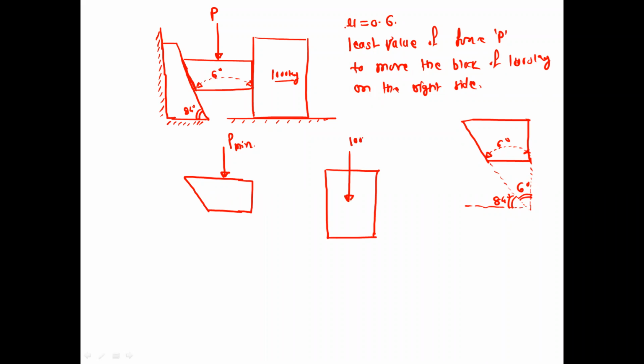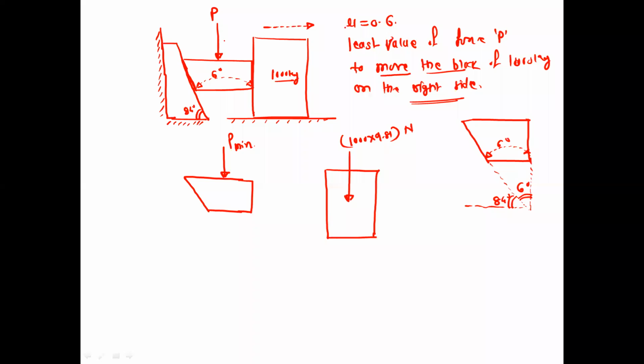So weight will be 1000 into 9.81 Newton. So what is the direction of the impending motion? So we need to move the block on the right side. Okay. So impending motion for 1000 kg is towards the right.